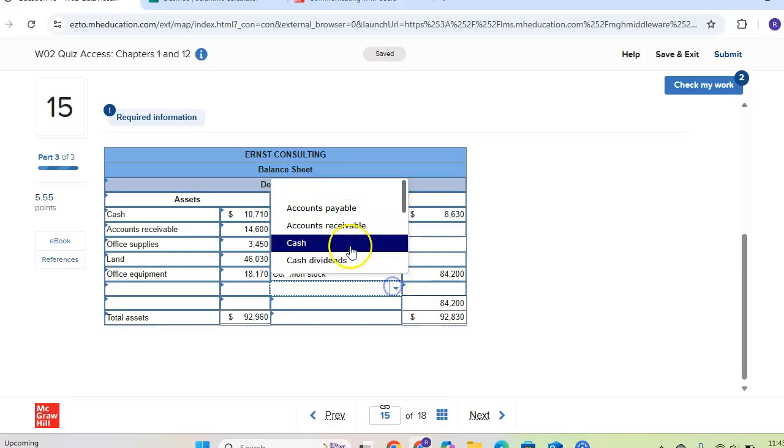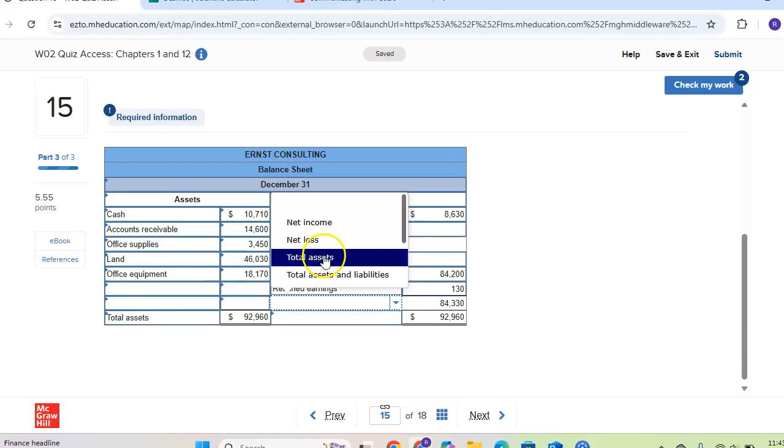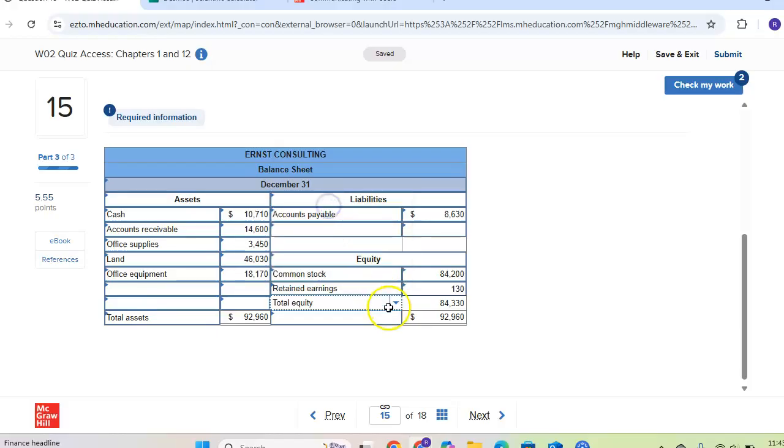And then we also have retained earnings, which is 130. Common stock plus retained earnings equals total equity, which is 84,330.